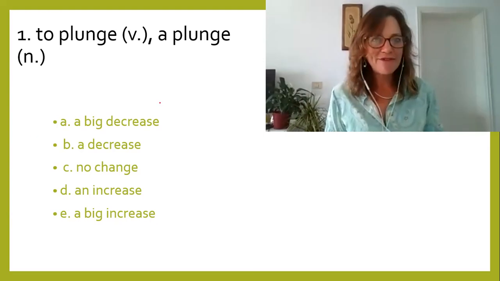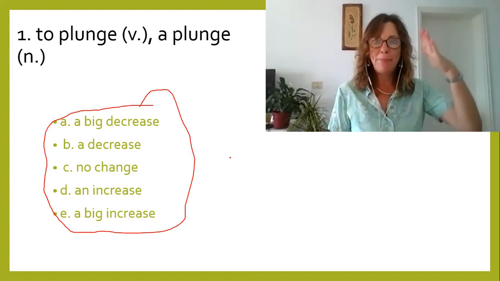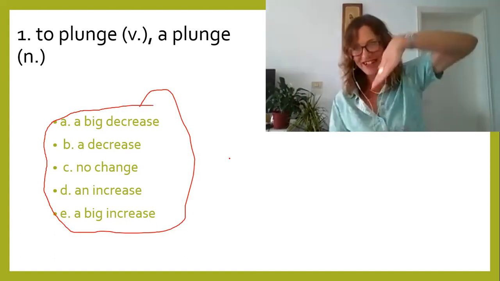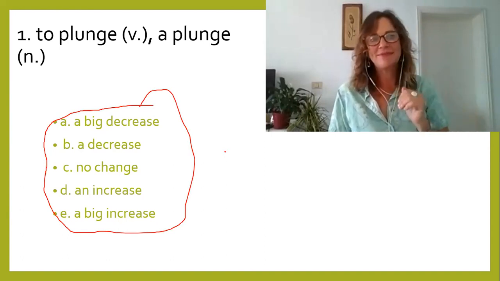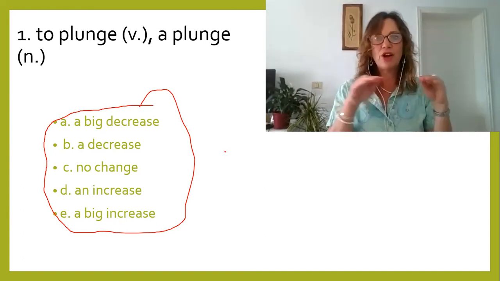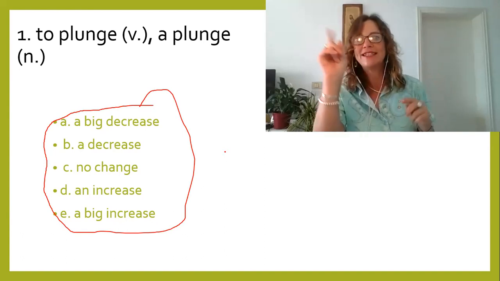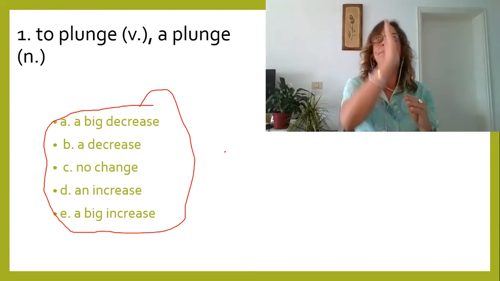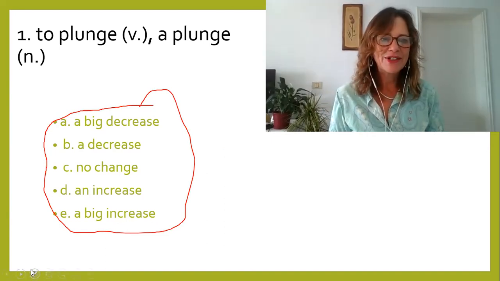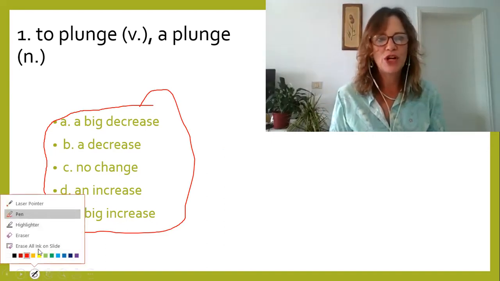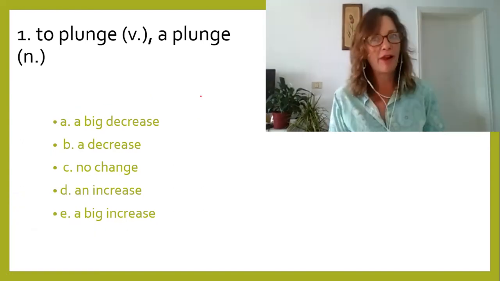So every one word that we're going to look at today either means A, a big decrease, B, a decrease, C, no change, D, an increase, or E, a big increase. All right, so what do you think our first word means then? To plunge or a plunge?